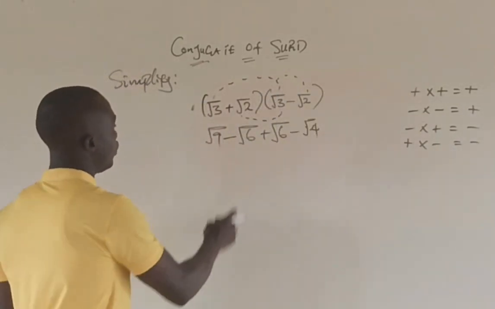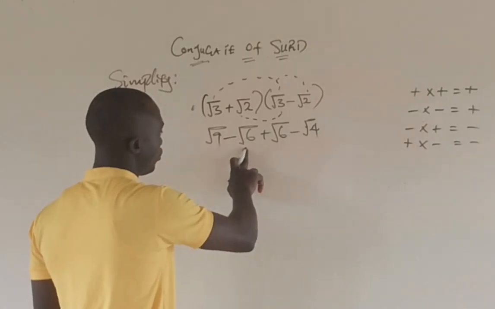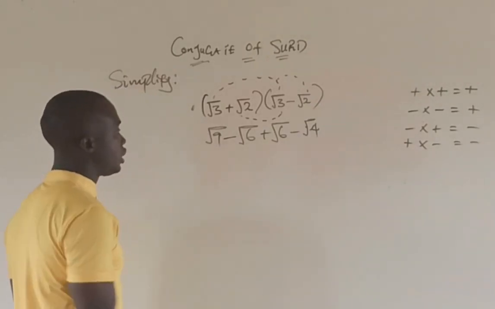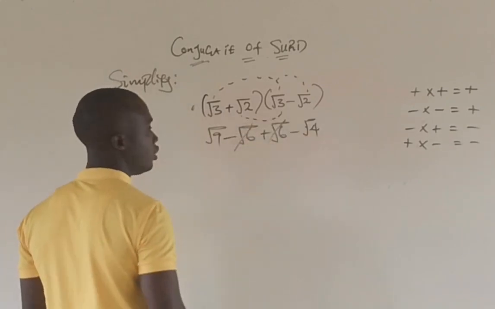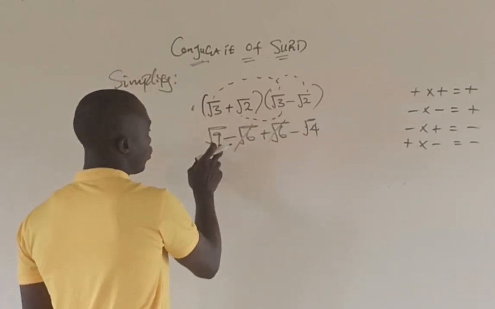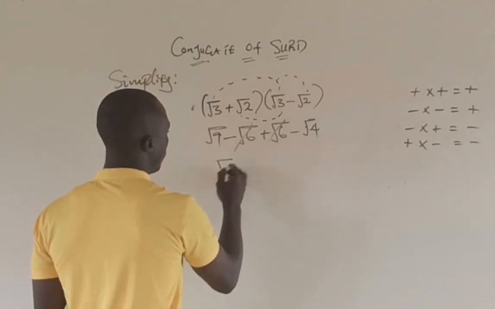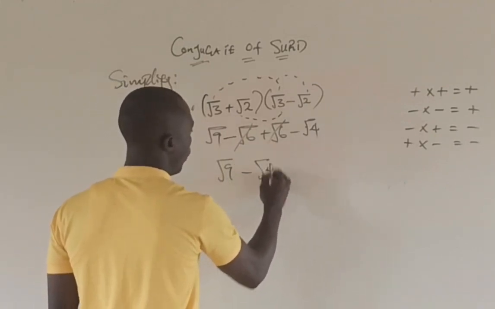So in this place here, we have minus root 6 plus root 6. This will cancel this. We are now left with root 9 and root 4. Root 9 minus root 4.